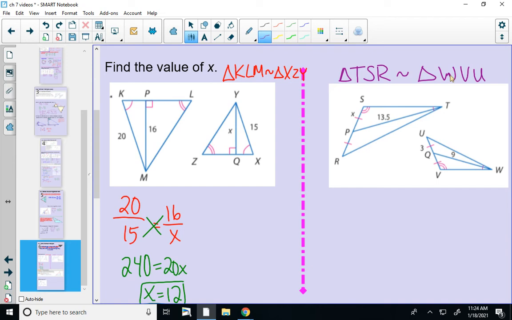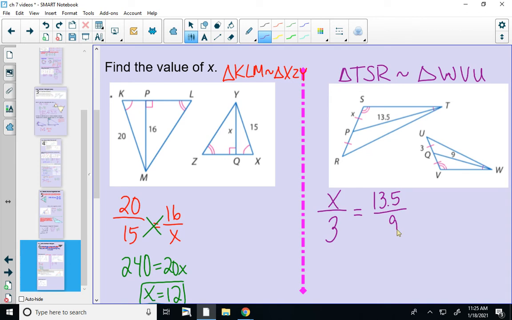So it looks like we're going to relate SP, which is X, to UQ, which is 3. So I'll say X is to 3 as the two medians relate. 13.5 is to 9. And if you wanted to, you could have related the whole side.